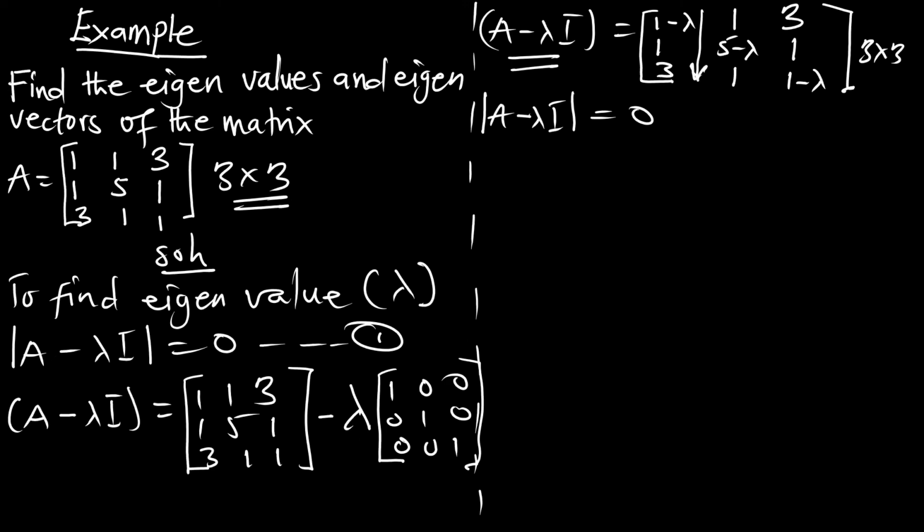I'm going to multiply 1 minus lambda, and it is going to be left with this matrix: 5 minus lambda, 1, 1 and 1 minus lambda. You can check out our previous episode for a video on how to find the determinant of a 3 by 3 matrix.